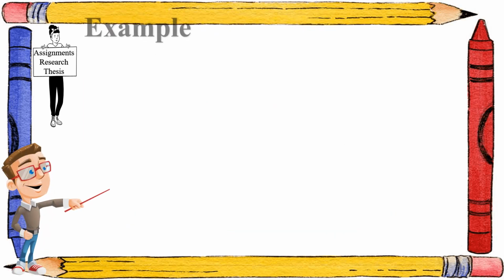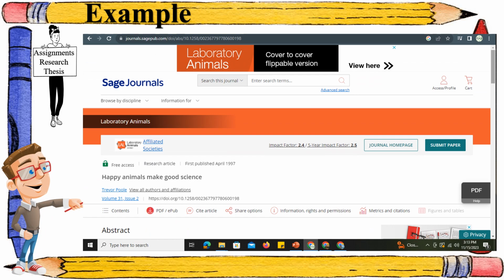So I have done one example for you. Here I have taken this from Google Scholar. This is the journal. Here you can see the things you have to collect and mention. The first thing is the journal name, and then the article name. You can see here the article name, and here the year of publication.